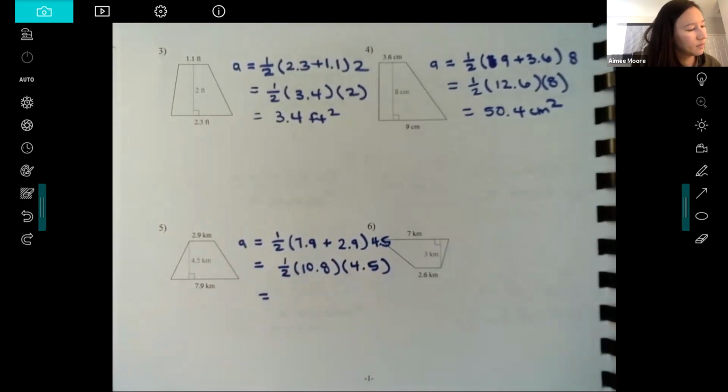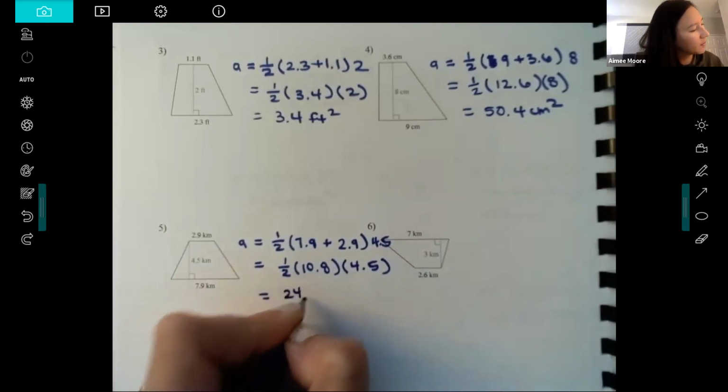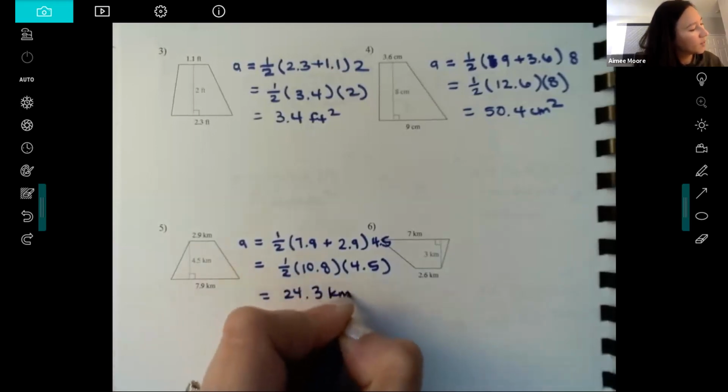And then 10.8 would turn into 5.4 times 4.5 would be 24.3. Yep. Very good. You've got it.